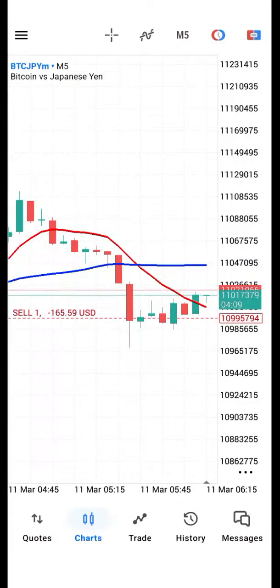The market will not want you to cash out so easy. It wants to turn you and turn you around. So we're waiting.